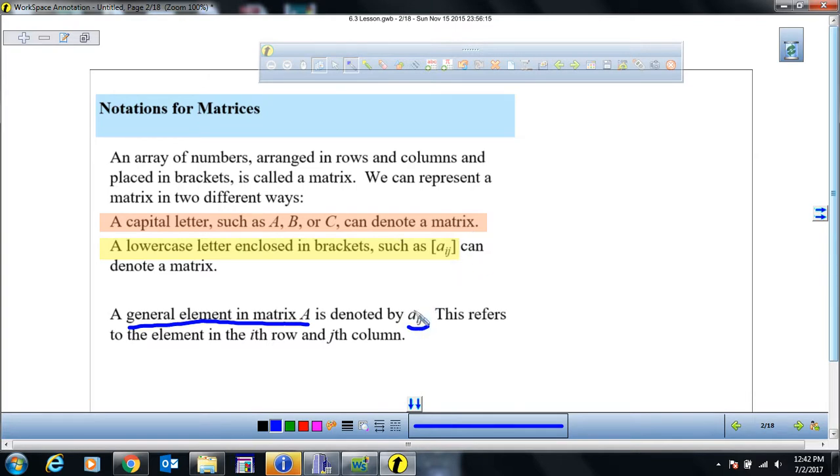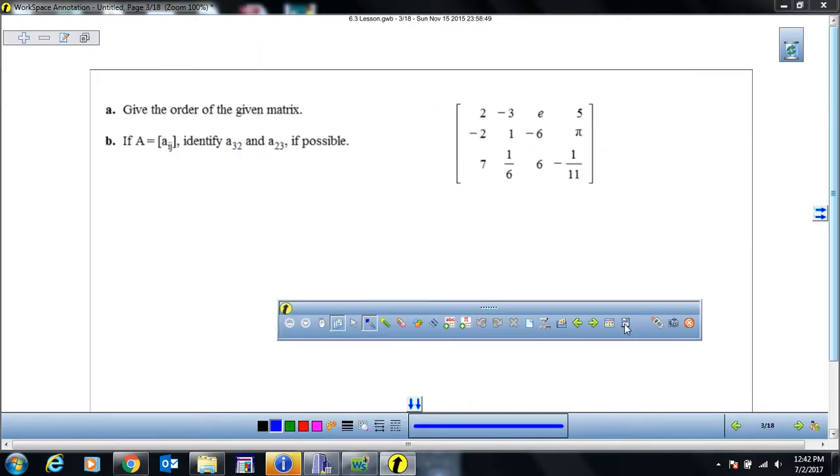It is an element from matrix A located in the ith row and jth column. So it's basically identifying any specific element in a given matrix: the element in the second row, third column, the element located in the fourth row, second column, and so on.